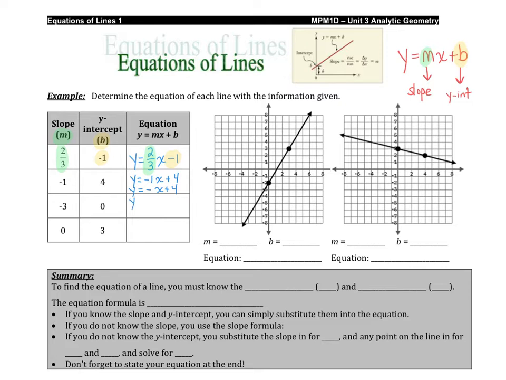So you could write this as y equals -3x plus 0, but for communication, we're not going to write the 0.